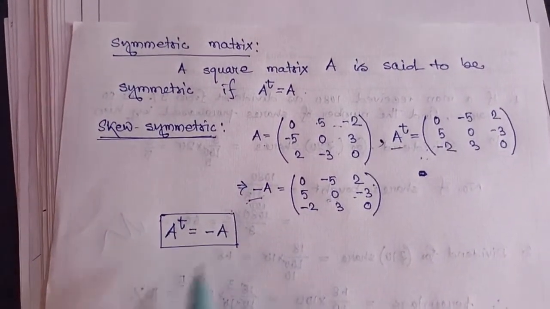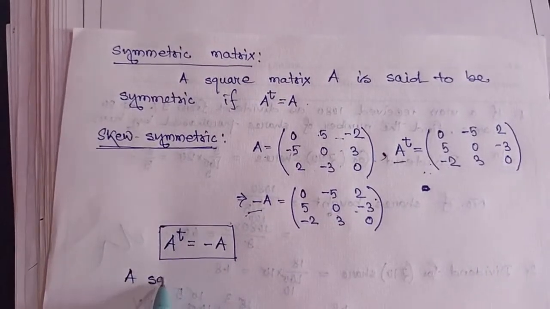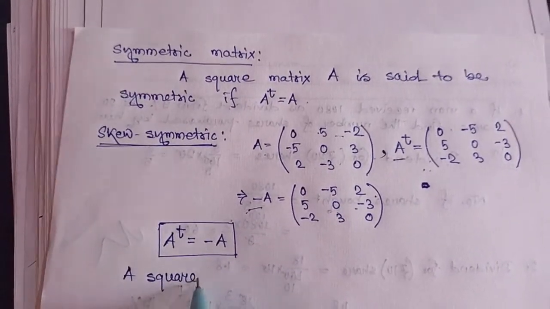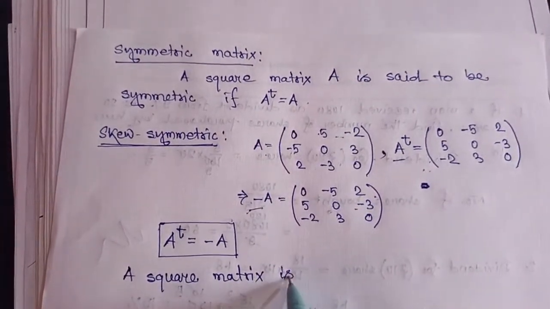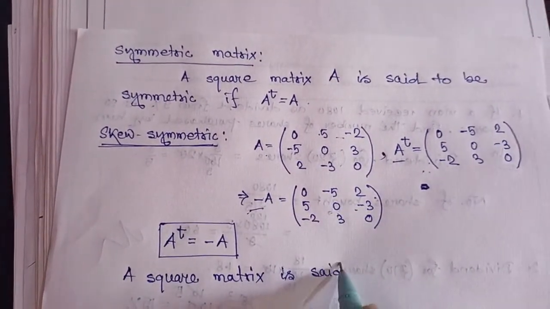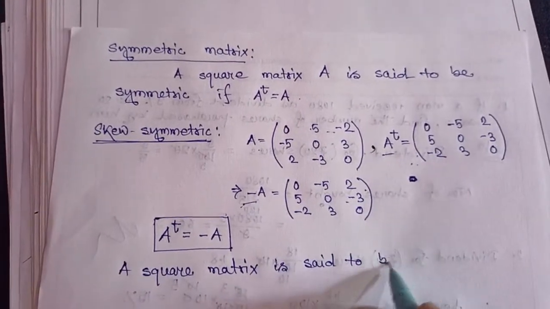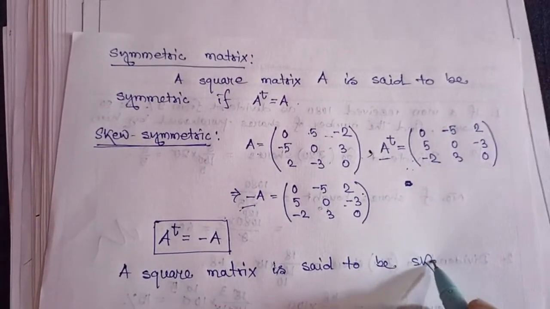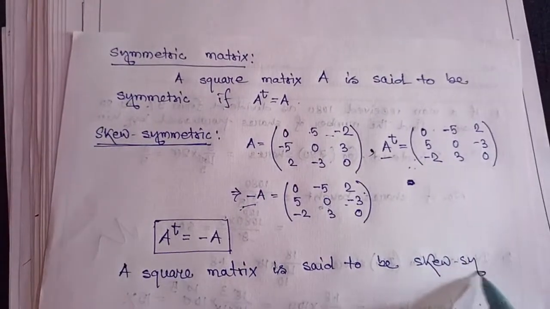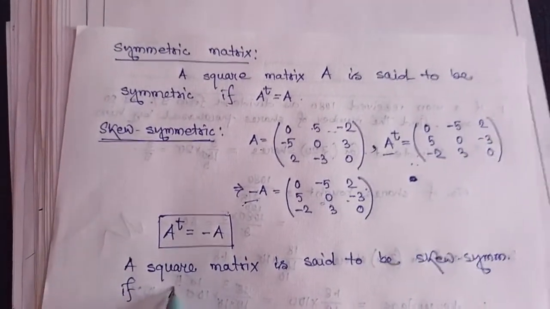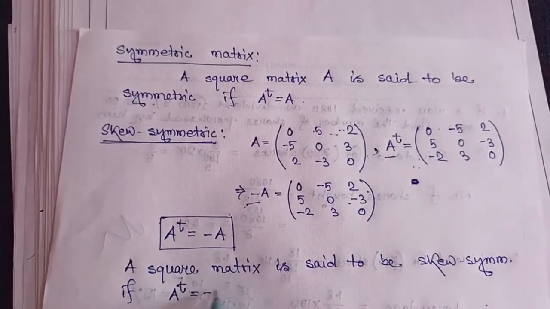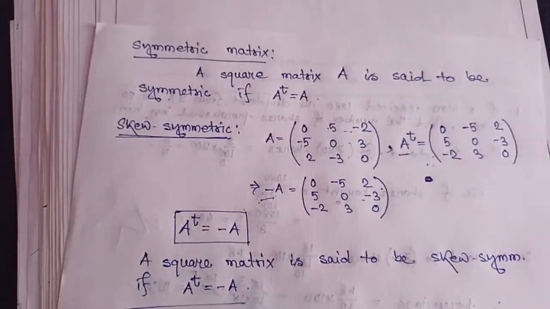A square matrix is said to be skew symmetric matrix if A transpose equals minus A. Okay, so this is the definition.